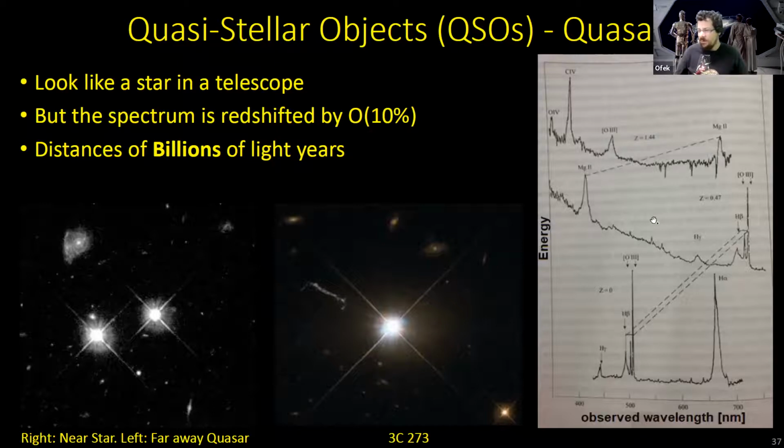On the right here, we have an example of just how redshifted these spectra can be. This is, I think, almost a 50% shift. If you look, for example, at the magnesium-2 line, a typical line from once ionized magnesium, you can see that it can move from about 700 nanometers all the way to something like 400 and 450. So maybe this is 30 or 40% in redshift.